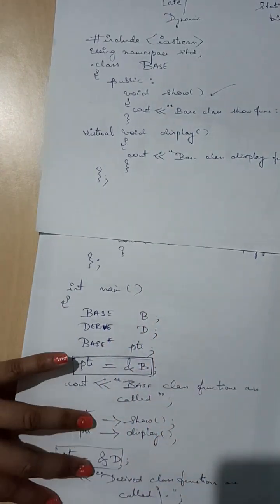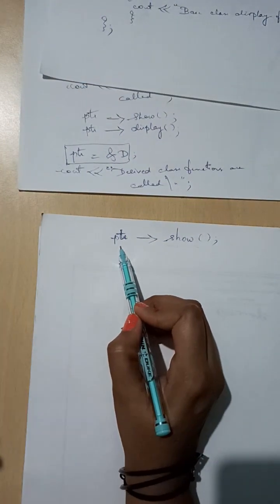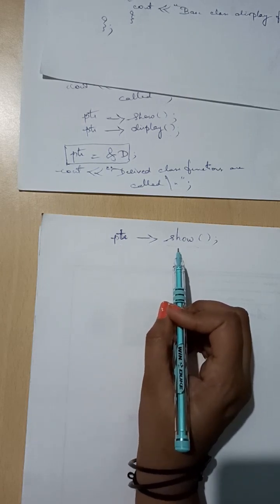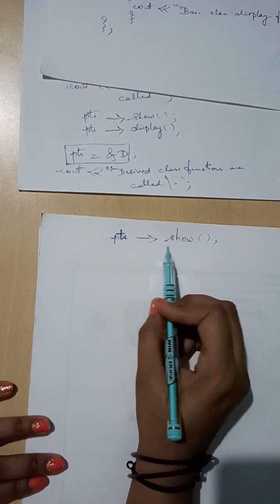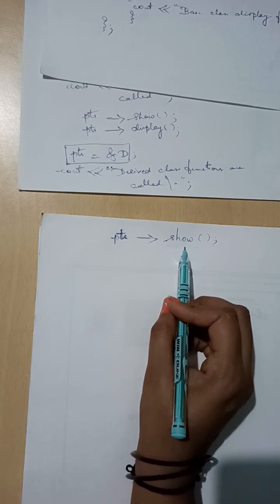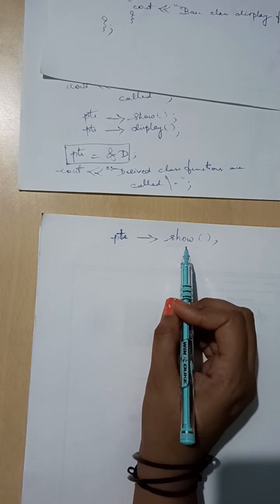Though the pointer object is carrying the address of the derived class object, and now I am making a function call for the show member function, the base class member function itself gets called because we are not using the keyword virtual, so the overriding fails.